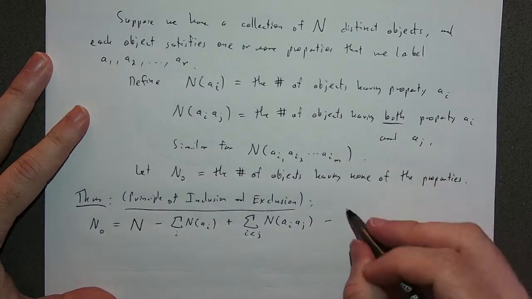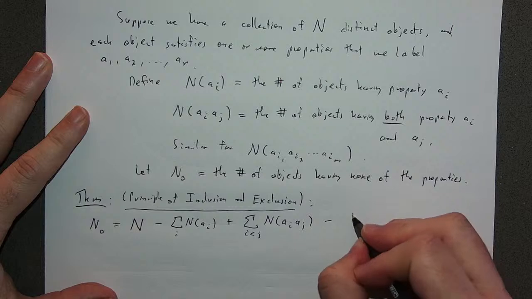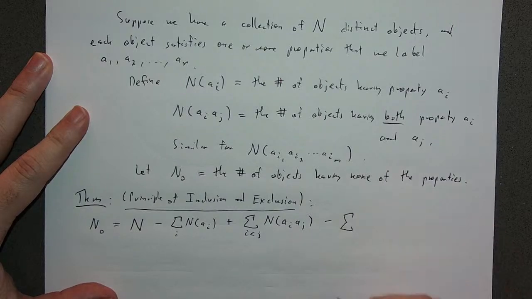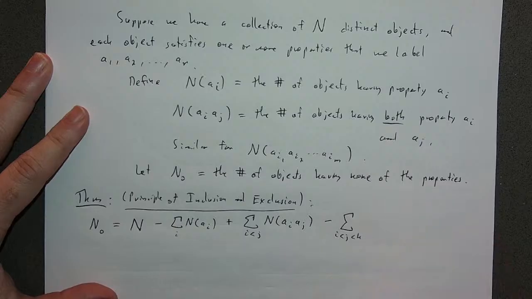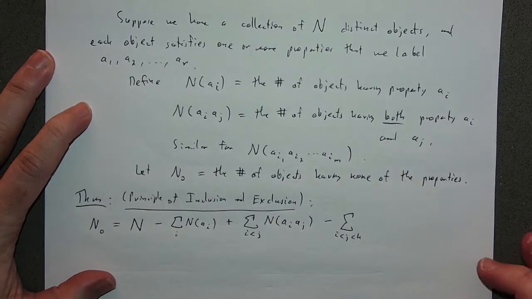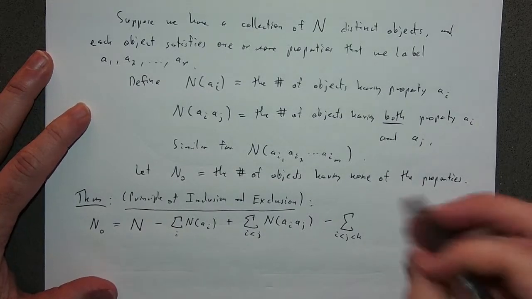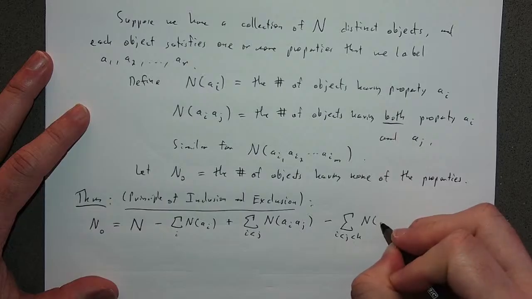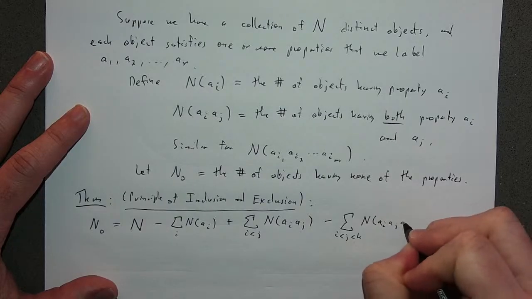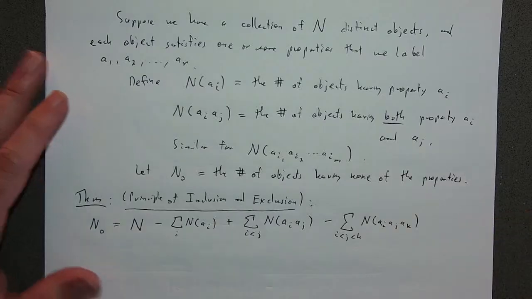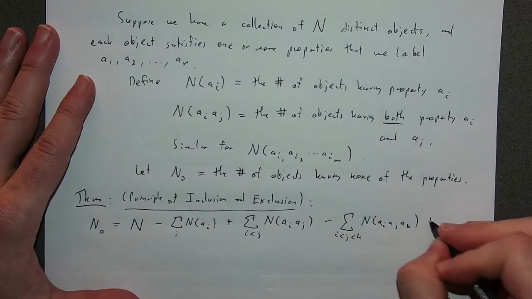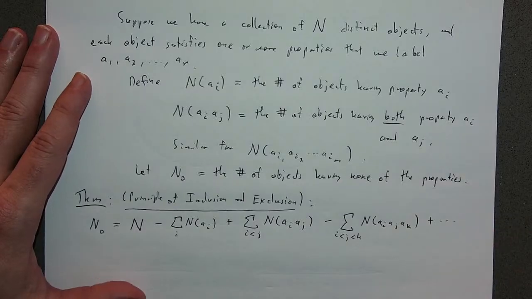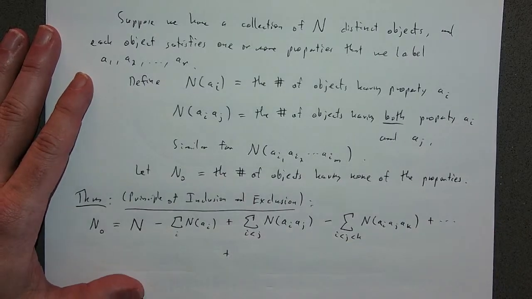Minus, remember these are alternating. All right, this is where the inclusion-exclusion terminology comes from. The sum over I less than j less than k of the number of objects having properties ai, aj, and ak, and plus continues on in this alternating fashion.